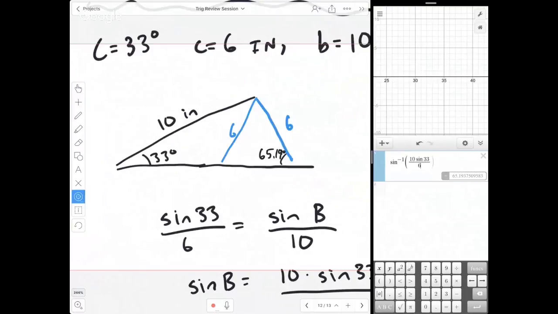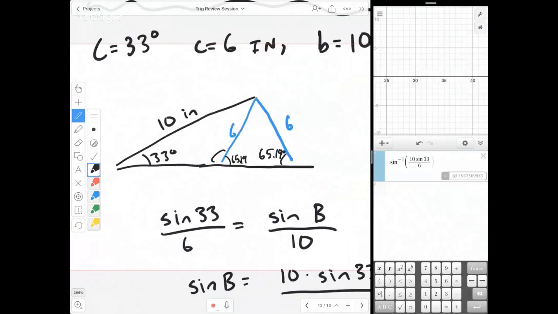Now, because this is 6 going that way and 6 going that way, that makes this a little isosceles triangle in blue, which means that this would also be 65.19, which means that the angle in the other triangle is the supplement of 65.19.